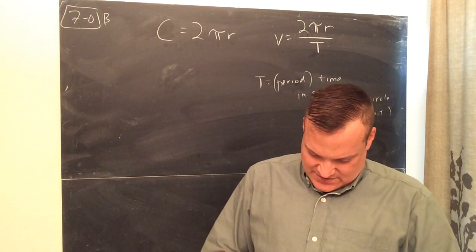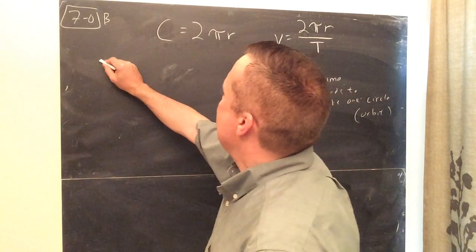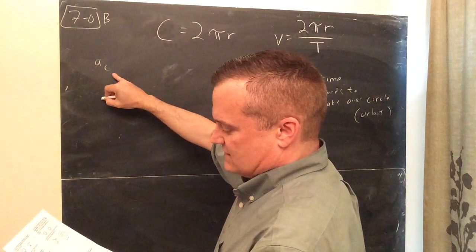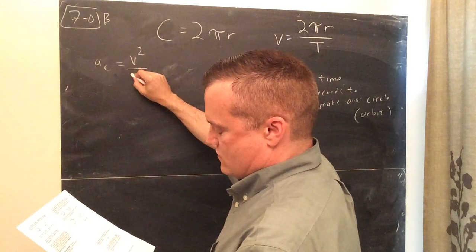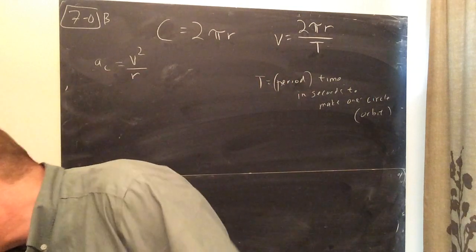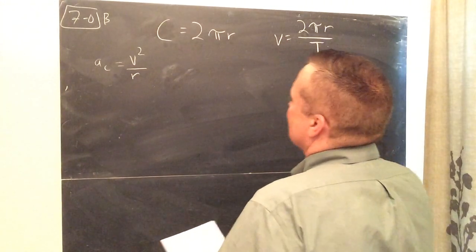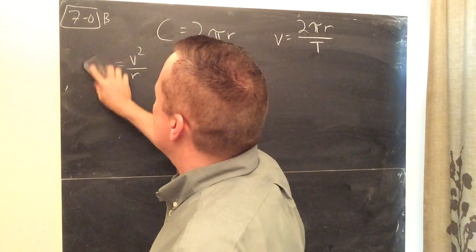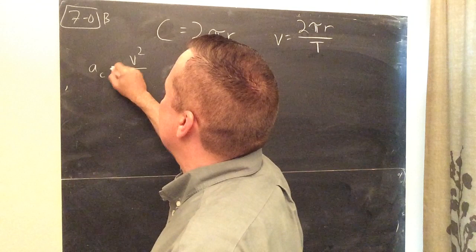Let me see, what other equation? All right, here's another equation. Centripetal acceleration, a_c, is equal to v squared over the radius. Radius will be in meters, and velocity will be in meters per second. This is one that I was showing you how they derive on the page before, and you're not going to have to be able to do that.